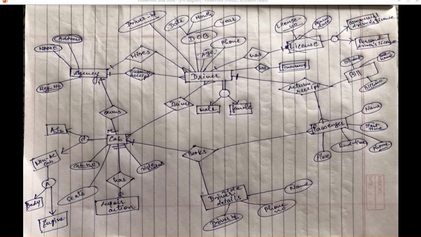In chain notation, we have the entity like this, and the attributes are represented in an oval shape using a connector line, and we represent a relationship between entities as one to many using the 1, M, N notations, whereas in crow's foot notation we have the entities.